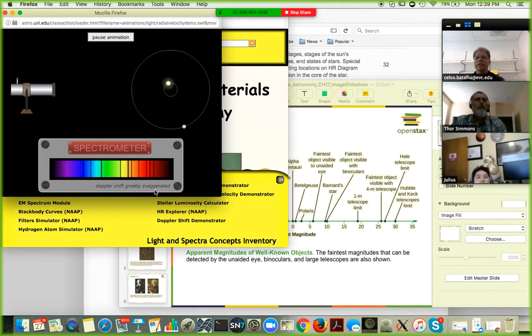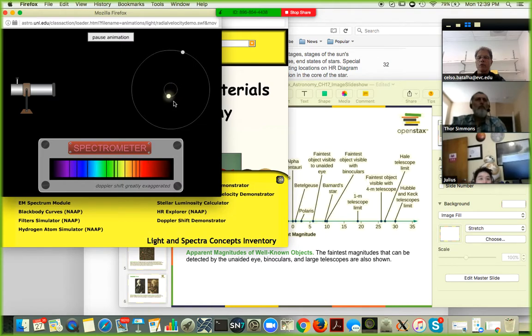So take a look at the spectrometer. Of course, the shift here is exaggerated, so the shift is not that great, but you can see the shift on a few important lines as a result of the motion.